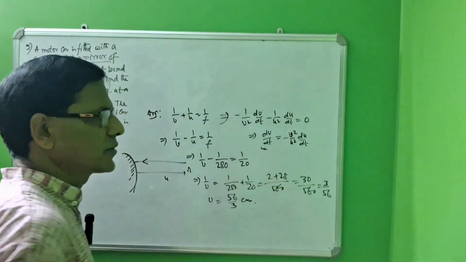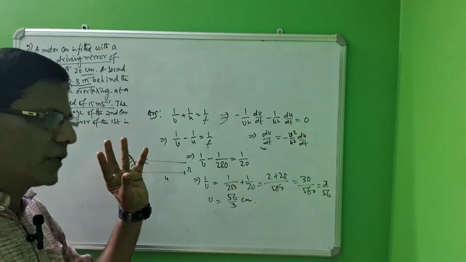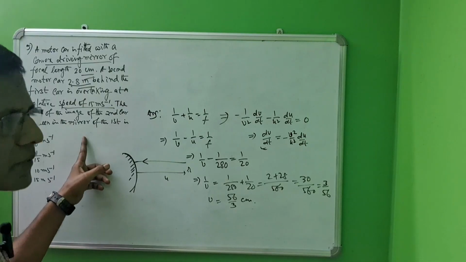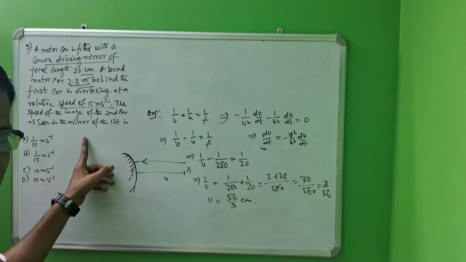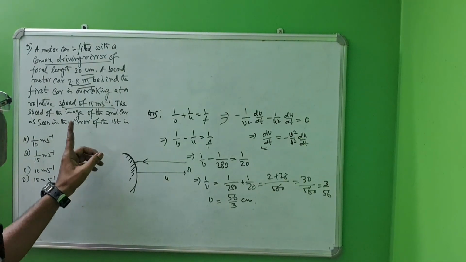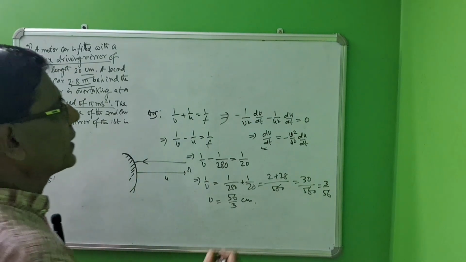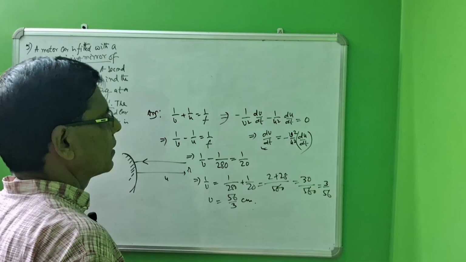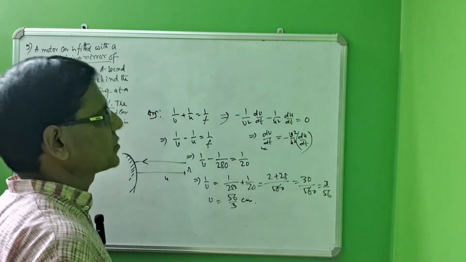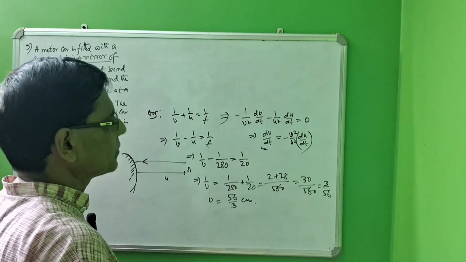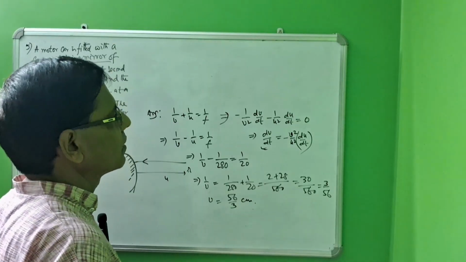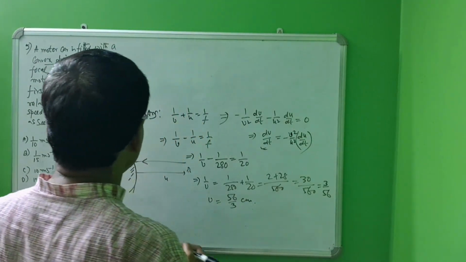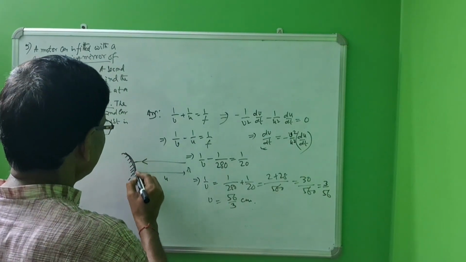What is dv by dt? It is the relative velocity of the image of the second car with respect to the first car, and du by dt is the relative velocity of the object with respect to the first driving car.